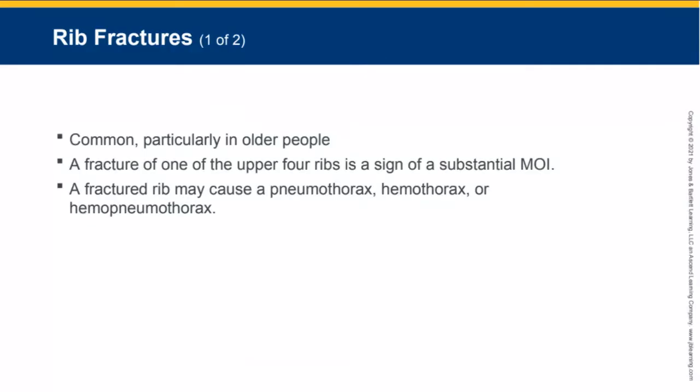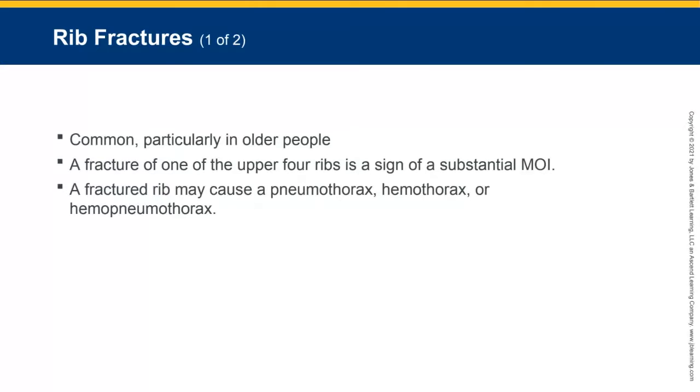Rib fractures are common, particularly in older people or people in contact sports, because I have fractured a couple of my ribs in sparring. A fracture of one of the upper four ribs is a sign of substantial mechanism of injury. Because the first seven ribs are directly attached to the sternum, it takes a significant amount of force to fracture those ribs.